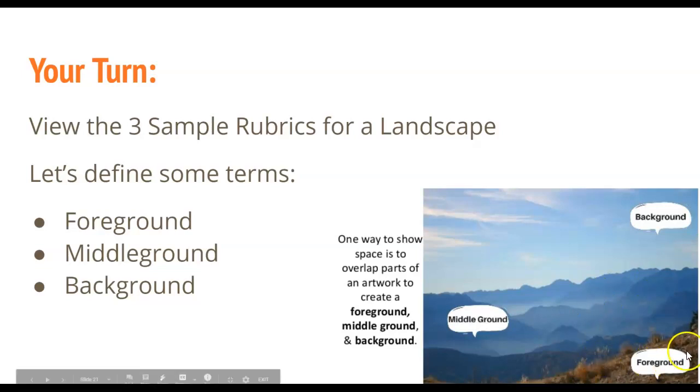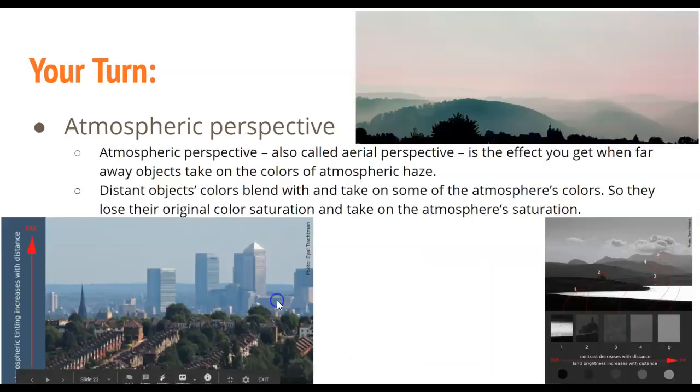If you look at this picture over here, you see the foreground is all of the stuff that appears close to the viewer or close to the audience. Middle ground would be that sort of mountain range over here, the valleys and so on, and the background would be further away. So if we thought we might divide the picture into 3 quadrants, the background would be the top, middle ground would be the middle, and the foreground would be closest to us.